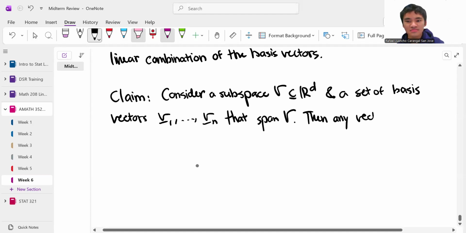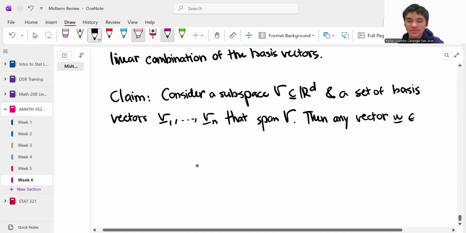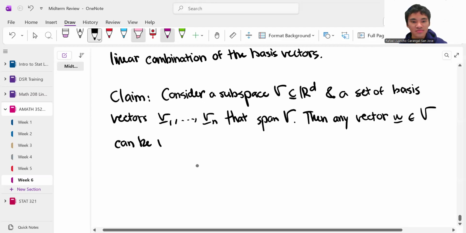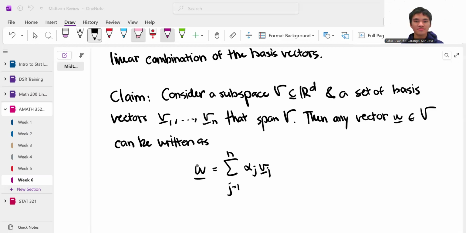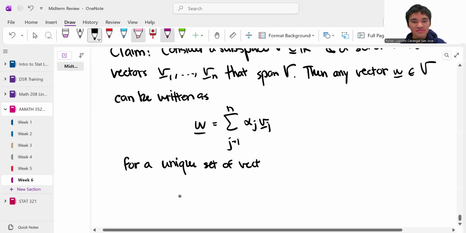Then any vector, let's do W actually, and let's say that W belongs in the same subspace V, can be written as a linear combination of these guys, for a unique set of scalars.